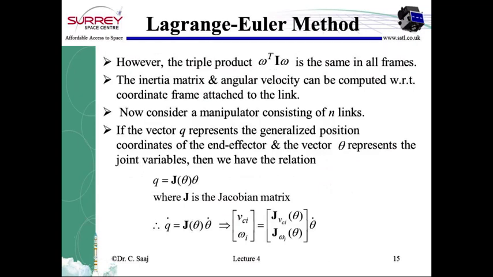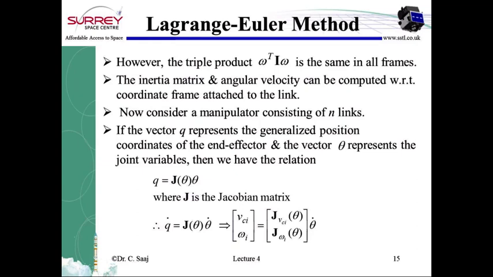Here you need to note that the triple product omega transpose I omega will be the same in all frames. So omega will change as you change the coordinate frame, whereas the triple product omega transpose I omega will remain the same for all frames.